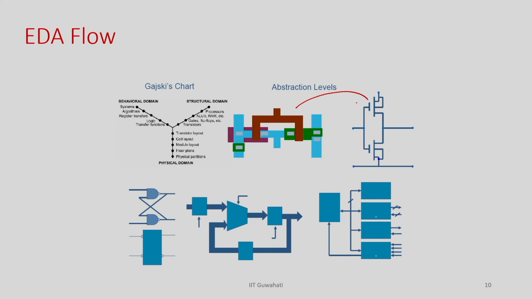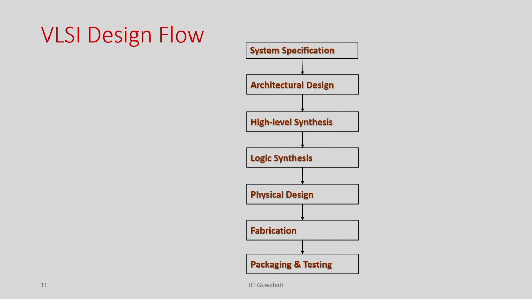So, actually it is layout, but we visualize this as transistors, and from transistors we have the gate level, from gate level we have the RTL, and from RTL we have the specification or the high level C. This is the EDA flow.